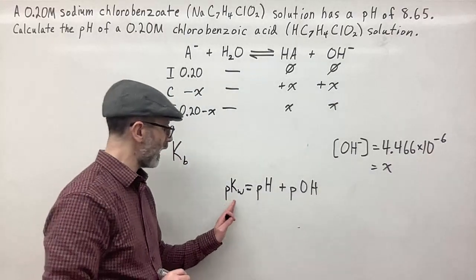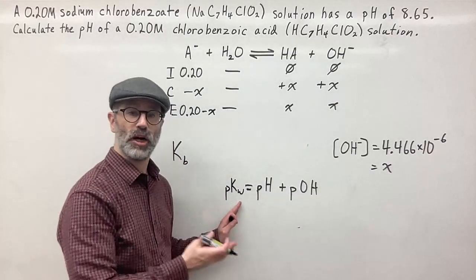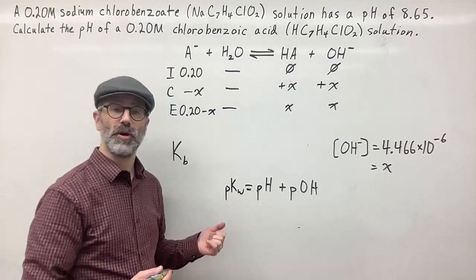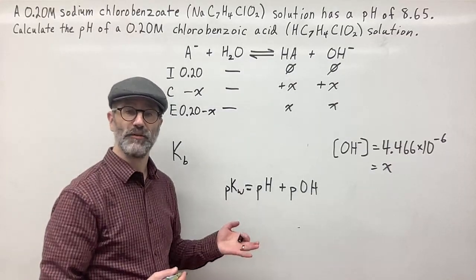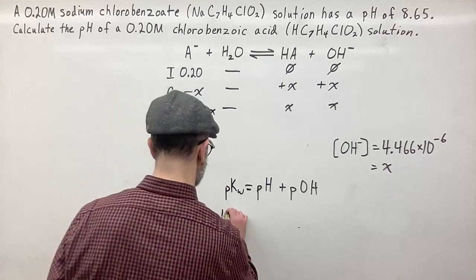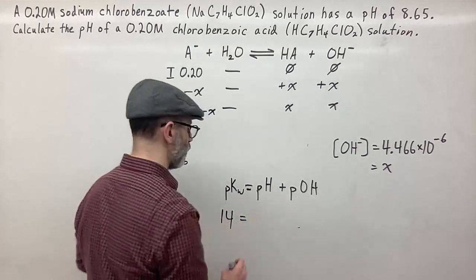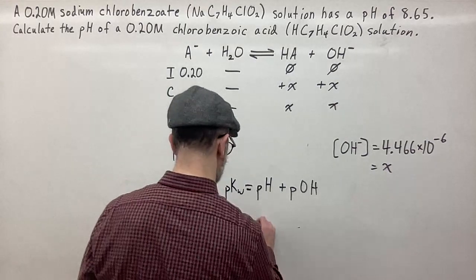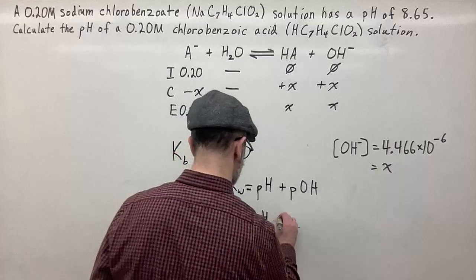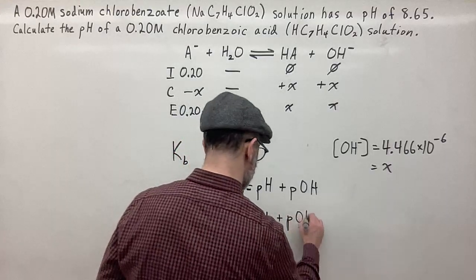So the pKw, that's the negative log of the Kw, which we said was 1.0 times 10 to the negative 14, so that's going to be 14. And that's equal to pH plus pOH.